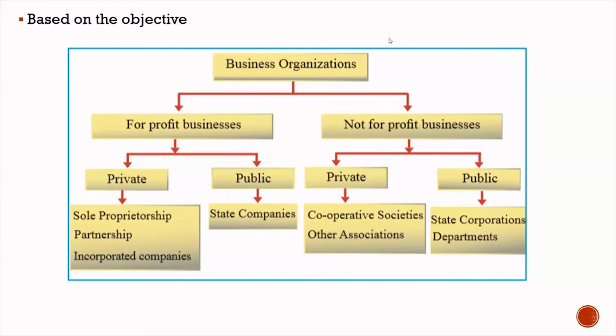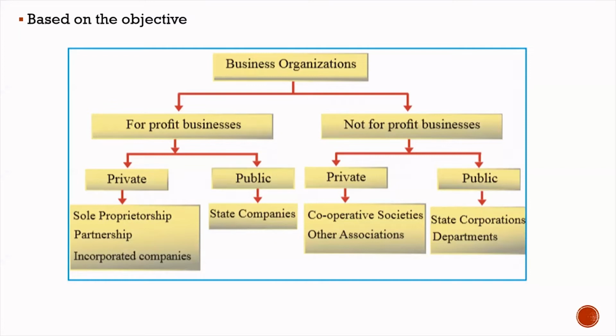Our next form of business classification is classifying business based on the objective. So, kids, there are two objectives or aims of a business, right? Either the business might have the objective of incurring a profit. So, we call them for profit businesses or profit oriented businesses.